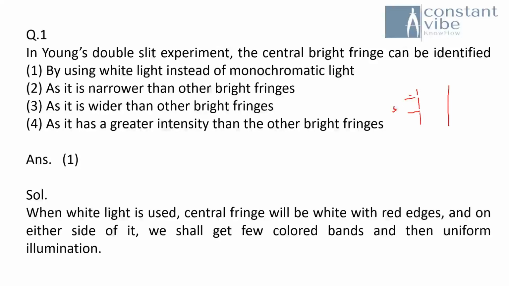This is the main source, then the light comes like here, and S1 and S2 act as two sources, and at a certain distance we are placing a screen. Here the fringes will appear because of the light wavefronts.